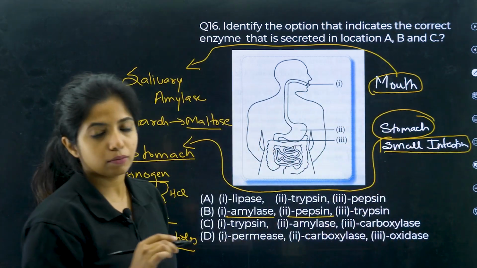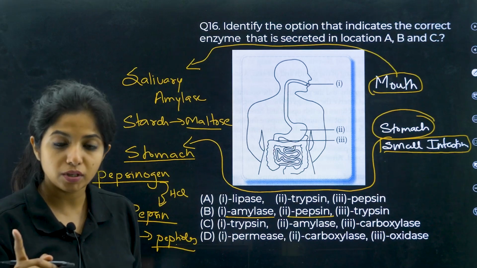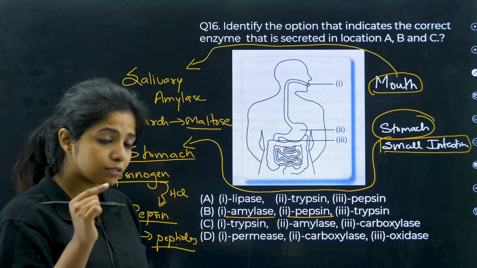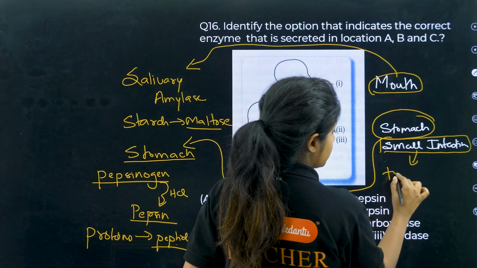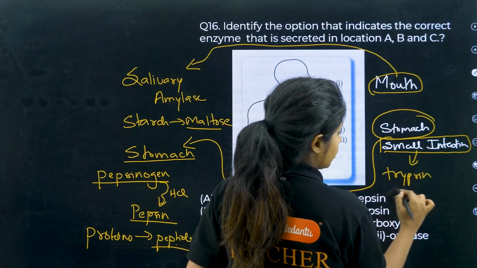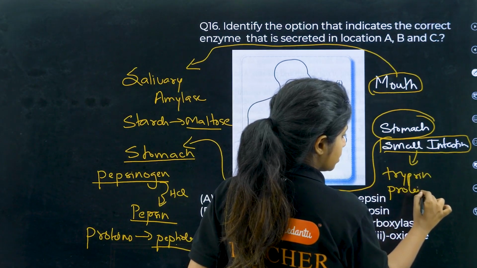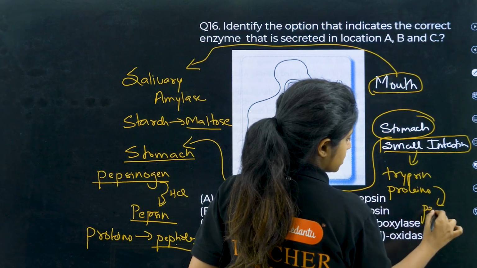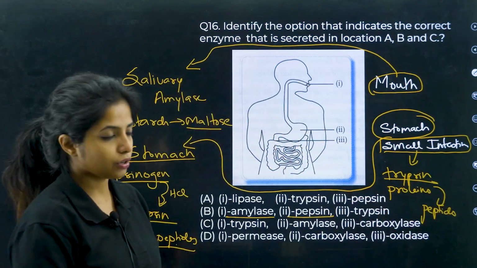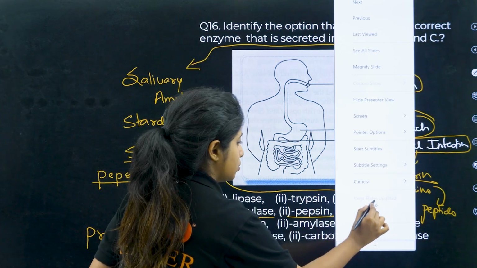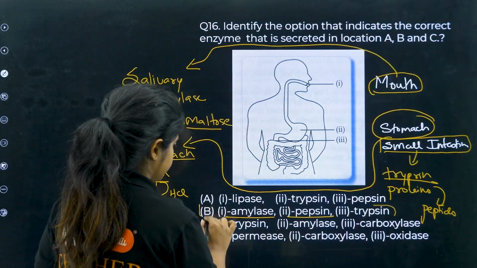Pancreas makes the enzyme trypsin, but it is released inside the small intestine. Okay, so trypsin, what does it do? Similarly, it also breaks down proteins to peptides. Trypsin also has the same function. So this becomes your answer, my dear children.